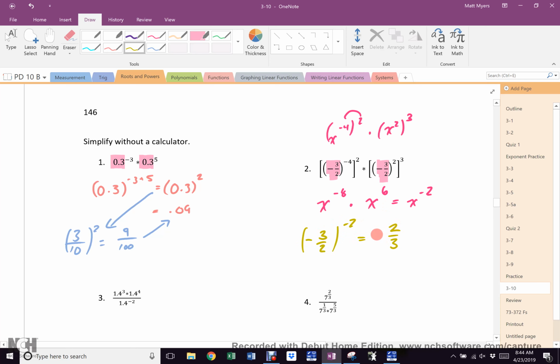Is it still negative? Yes. Is the exponent still negative? No. So what is negative 2/3 squared? 4 over 9. Because a square with the negative inside the base, negative times a negative is a positive.